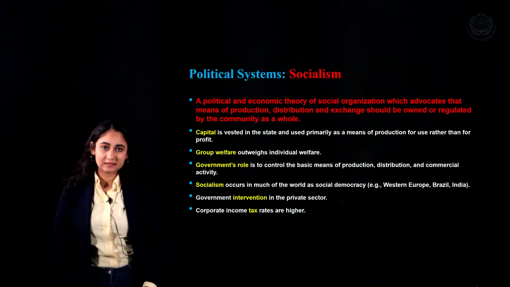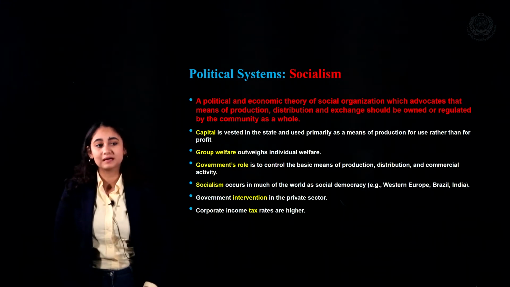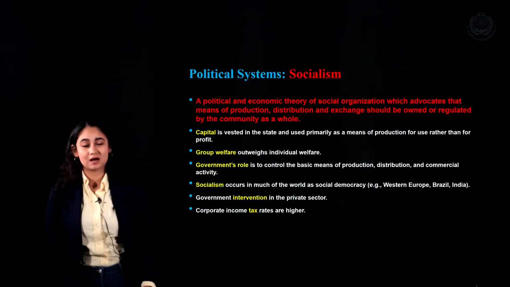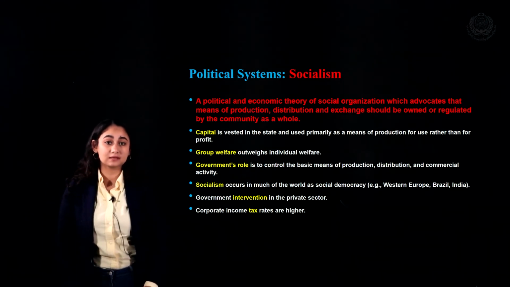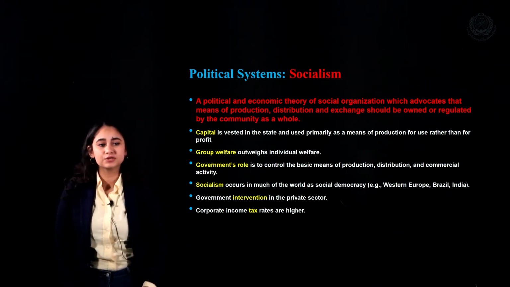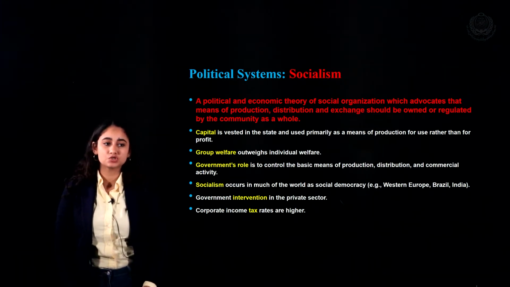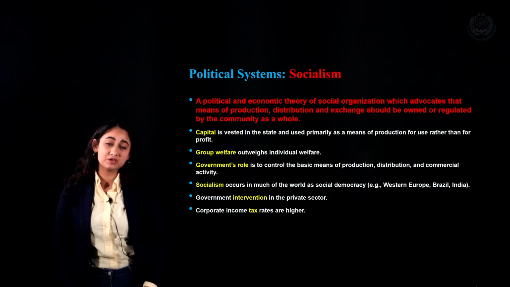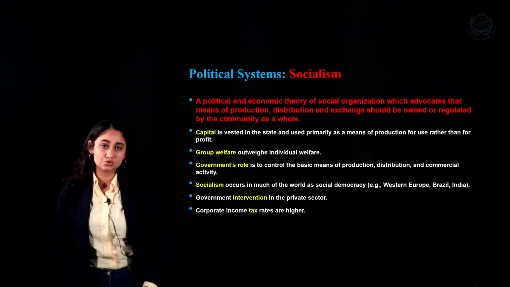As you will find in the next point, the group welfare outweighs the individual welfare, and this is why the main focus is not on profit as much as on the economic advancement of the population's welfare. The government's role here is to control the basic means of production, distribution, and commercial activity. So they will interfere as a mediator to control this process.